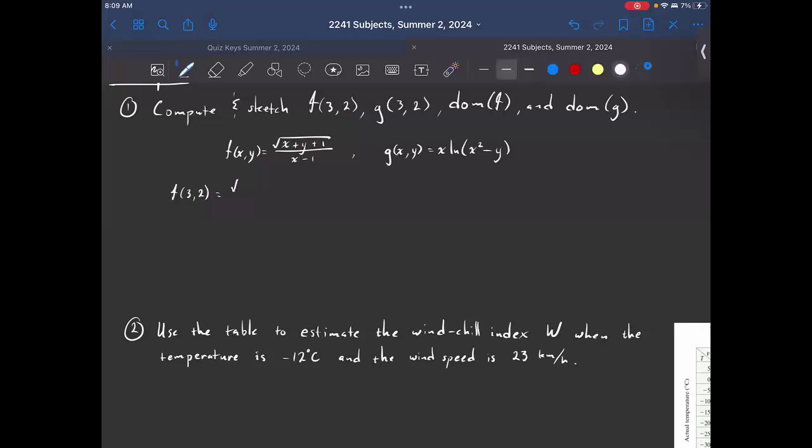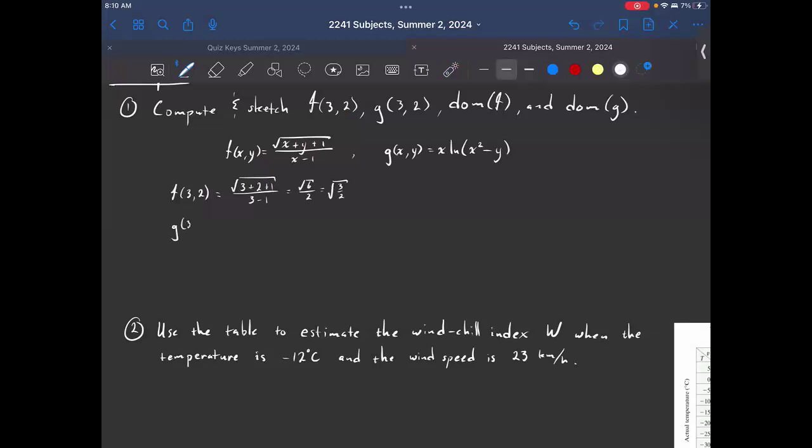So we have square root of 3 plus 2 plus 1 over 3 minus 1. That is the square root of 6 divided by 2. And I think we can maybe rewrite that as the square root of 3 over 2. Okay, and so that's the value of f at 3, 2.